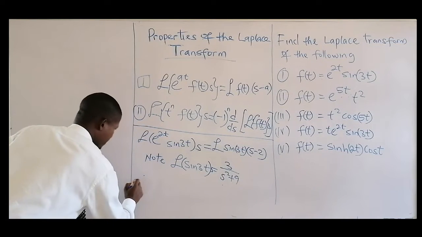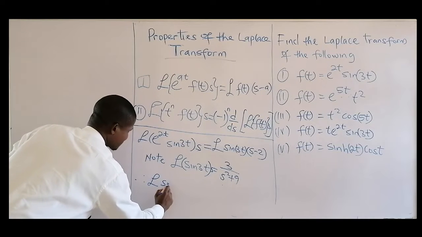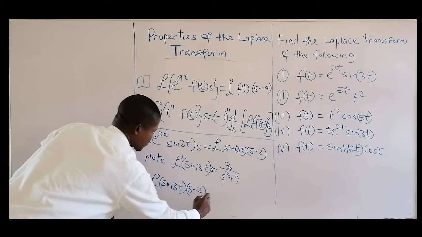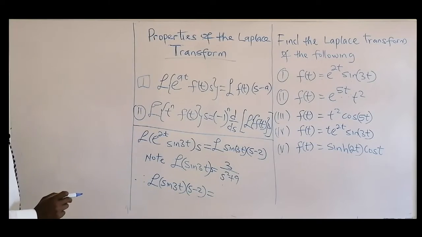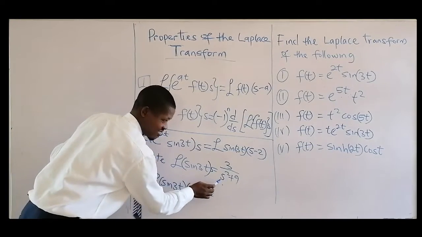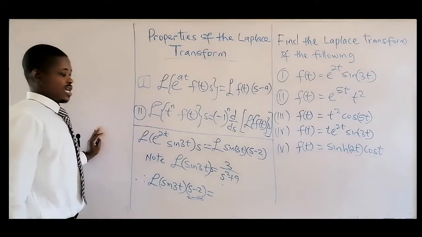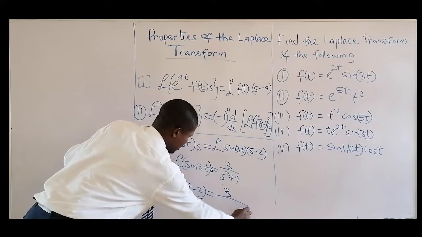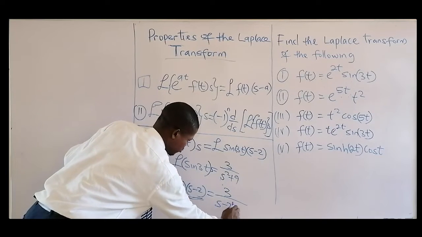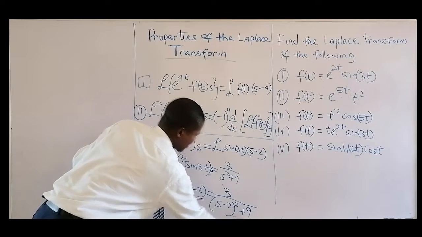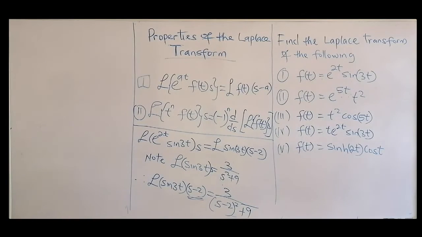Then finally, Laplace of sine 3t with x minus 2 will become, anywhere you see x will be replaced by x minus 2. That will be equal to 3 over (x minus 2) squared plus 9. That's the answer for that one.